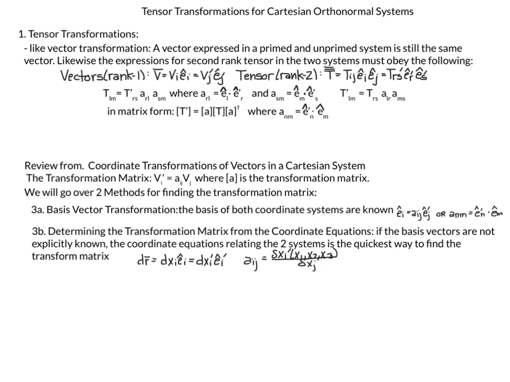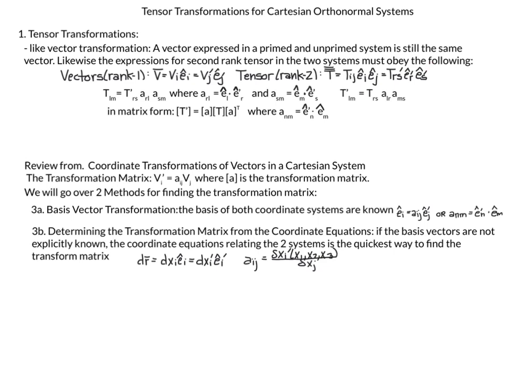Likewise, the expression for a second-rank tensor in the two systems must obey the following. Now we're going to consider a second-rank tensor, and our second-rank tensor expressed in terms of an unprimed basis will be equal to our tensor, second rank because we have two indices, in our primed bases. So it's the same sort of relation.